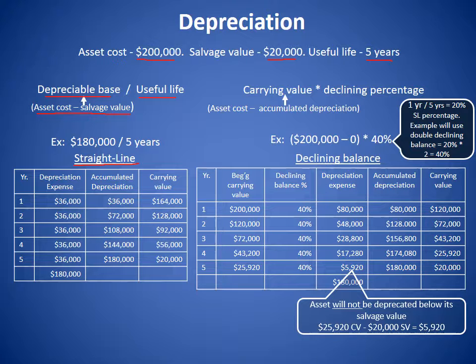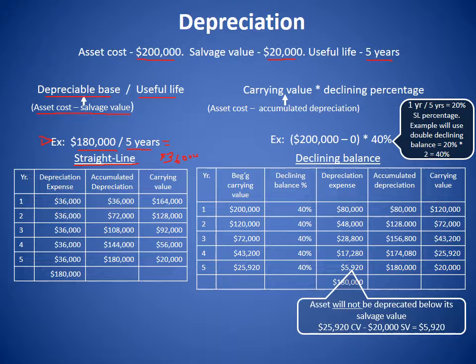So if we look at the example here for straight line for this first year, it's going to be $180,000, which is the $200,000 minus the $20,000 salvage value, divided by the 5 years. If we multiply that out, that's going to come out to a total of $36,000. So we're going to depreciate that asset by the amount of $36,000 a year.